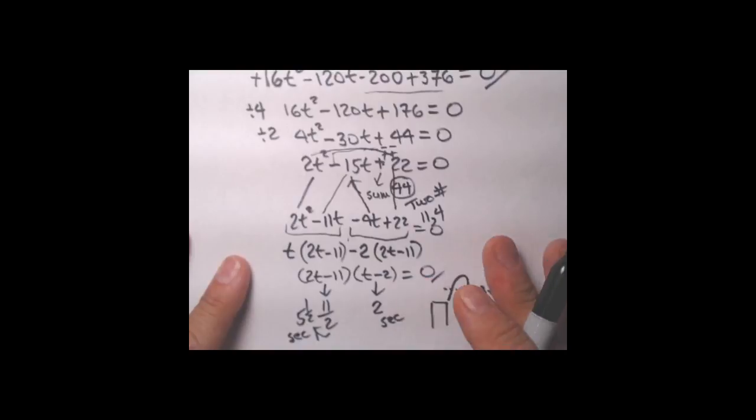Once on the way going up at 2 seconds, and then as it's coming back down at 5.5 seconds. So with problems like this, it's not uncommon that you get 2 answers, and both of them indeed are correct. One of them is the time it's going up. The other one is when it's coming down.